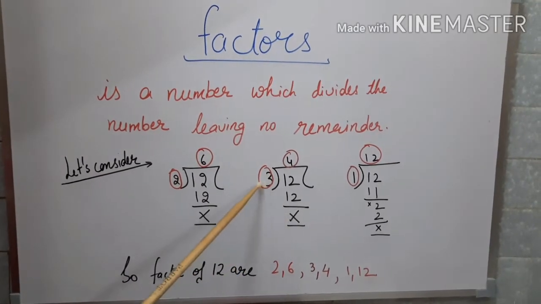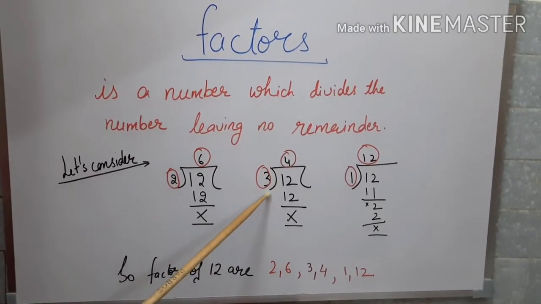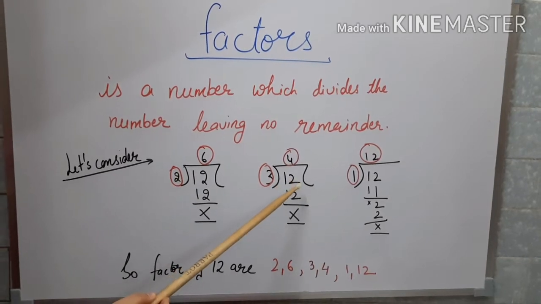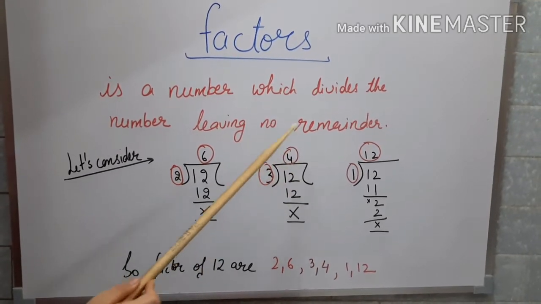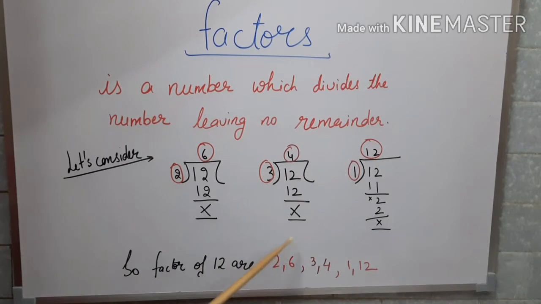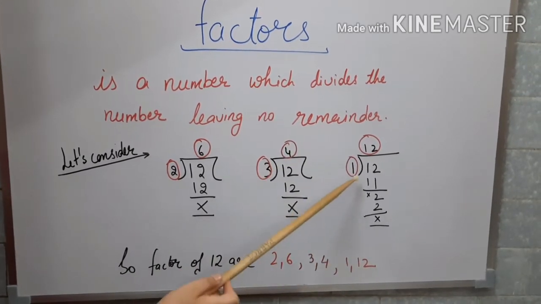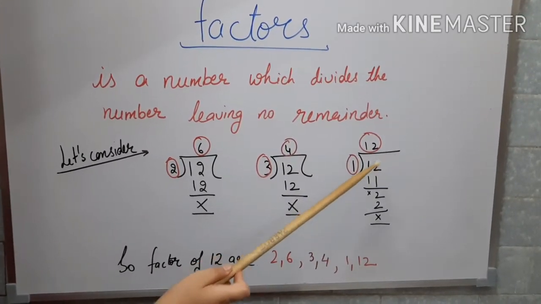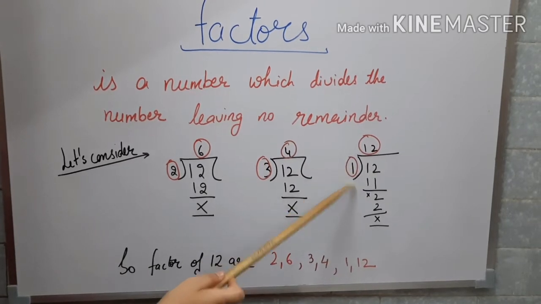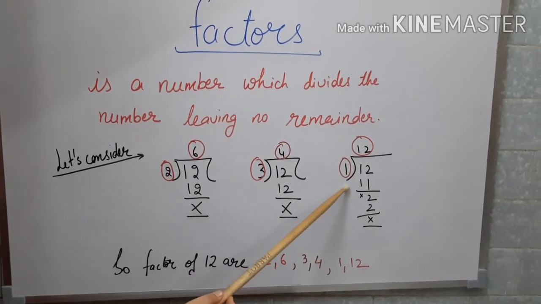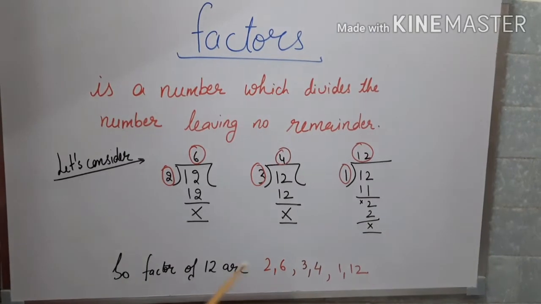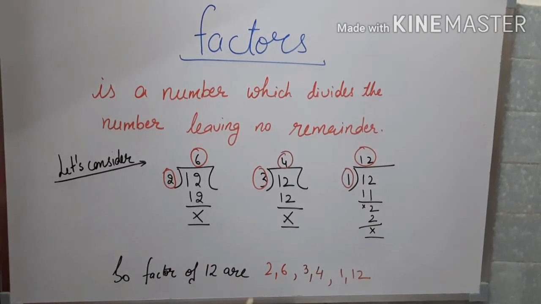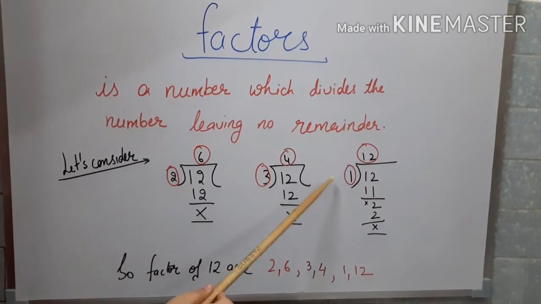In the same way, when I consider 3, in the table of 3, it comes at 4 times. So 3 and 4 are the factors of 12. The same way, when I consider 1, 1 twelve is 12. So 1 is also a factor of 12. 1 is the only number which is a factor of all the numbers.